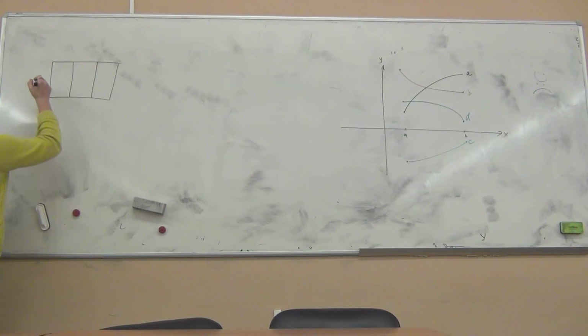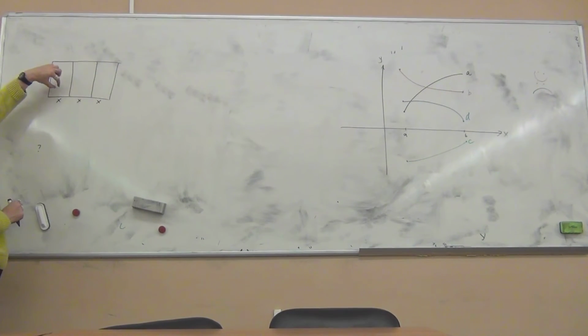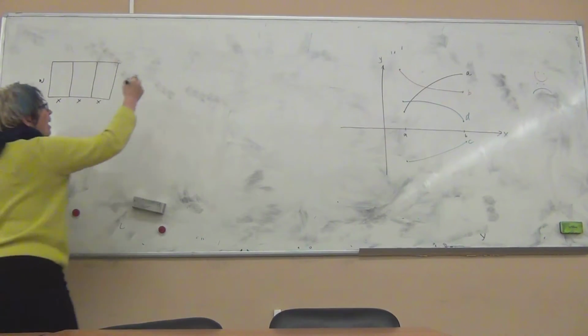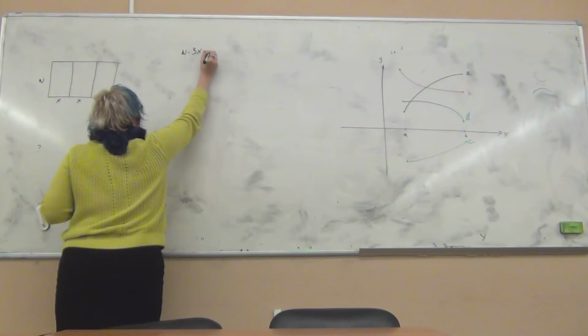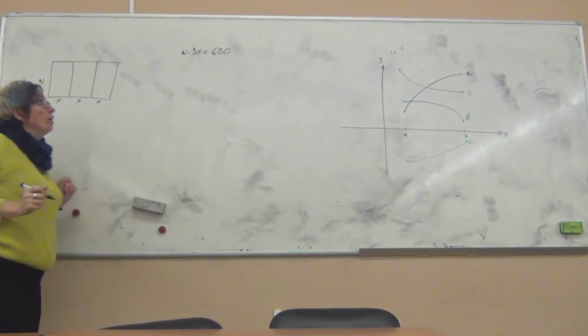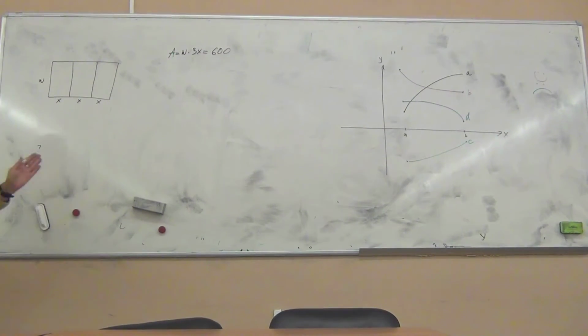So obviously the width is W, and I might denote the compartment width by X, and then there will be X, 1/3 of X, 1/3 of X, 1/3 of X. Now the thing is, we can only use one variable. Obviously I can write that width times 3x is this 600 square meters. It's the area that I must have.